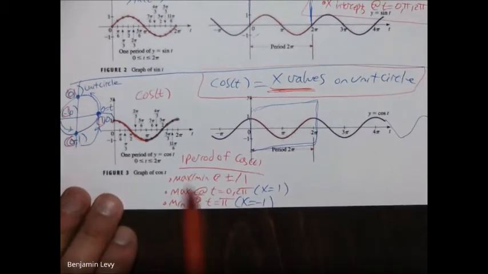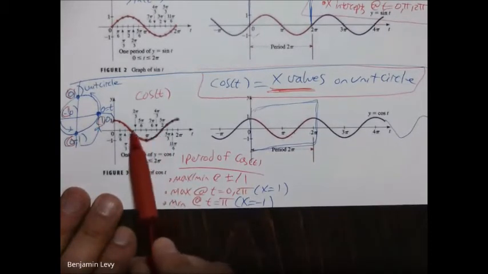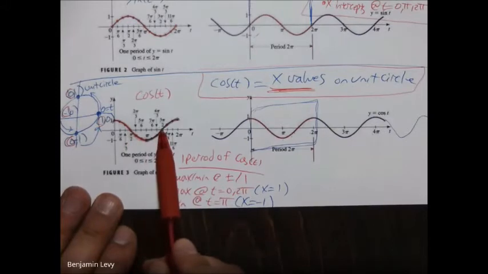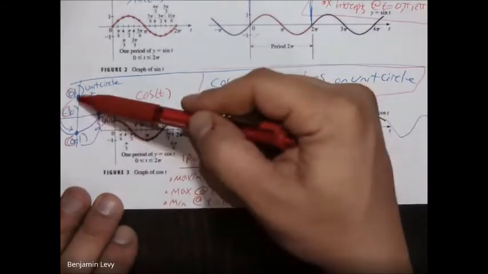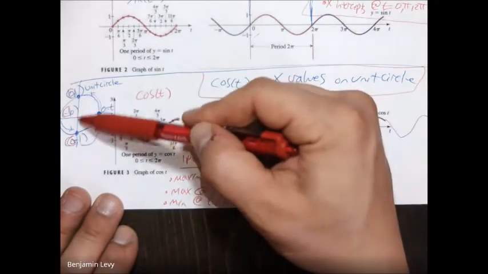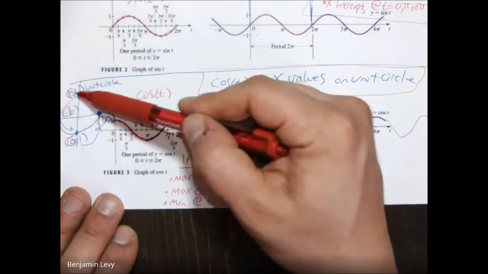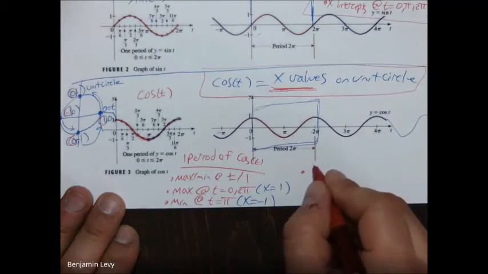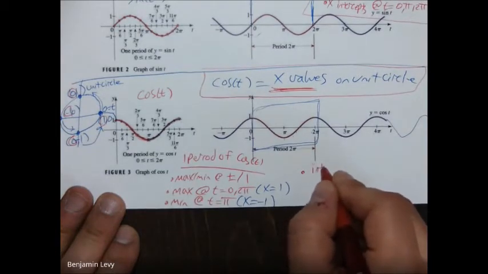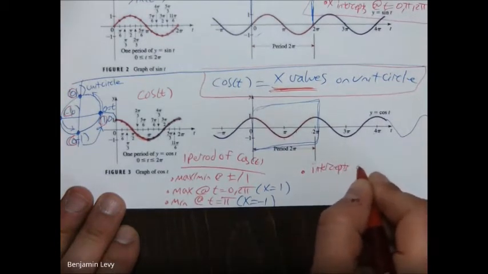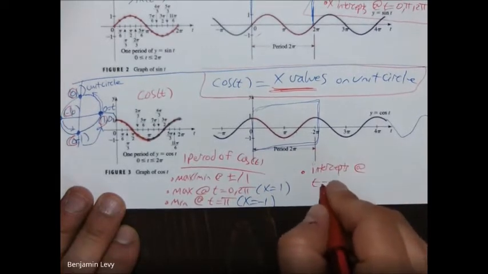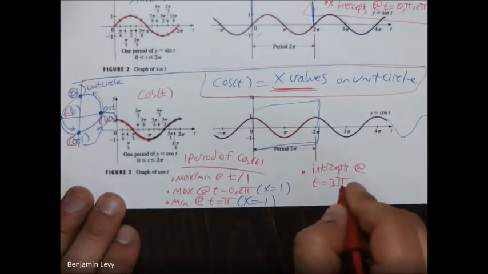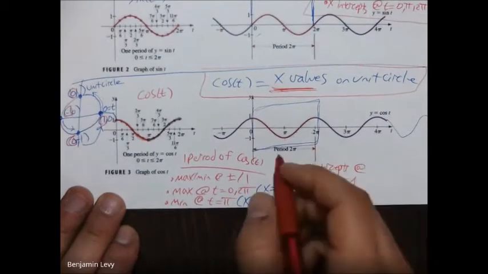The places it crossed, those two places where it crosses the axis, that's where the x value is 0. The x value is 0 at those two places, and that happens at pi over 2 and 3 pi over 2. We have intercepts at 3 pi over 2, and I forgot n pi over 2.